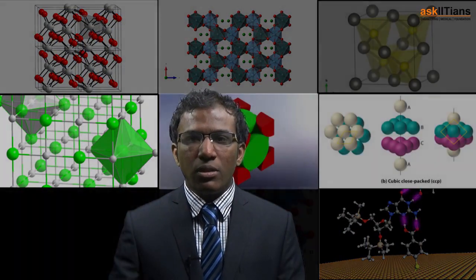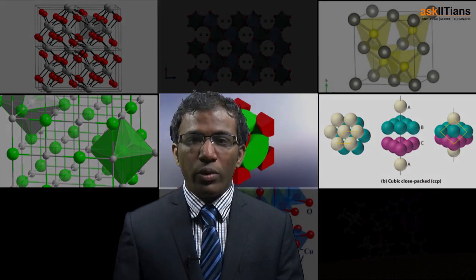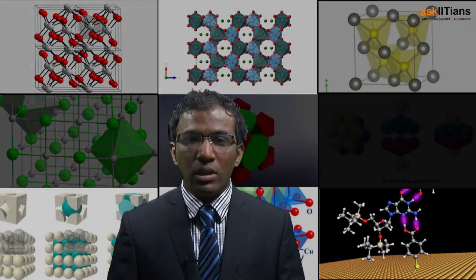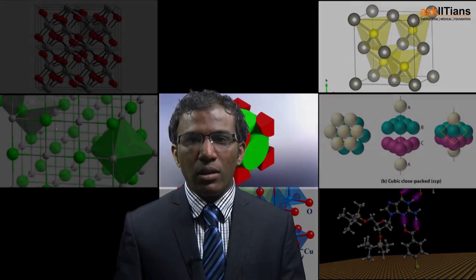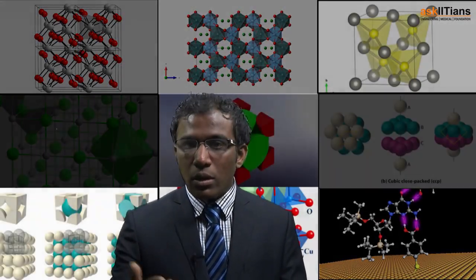Okay. So students, in this part we discussed how we can arrange the spheres in 1 dimension, in 2 dimensions and in 3 dimensions as well. We first saw how we can arrange the spheres in 1 dimension, right? Then we saw how we can arrange the spheres in 2 dimensions. There we got the concept of square close packing and hexagonal close packing, and then we moved on to the three-dimensional packing.